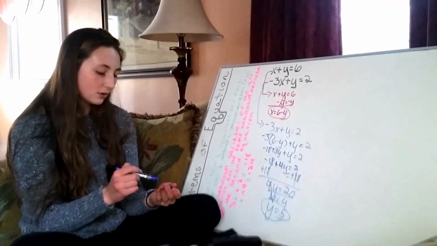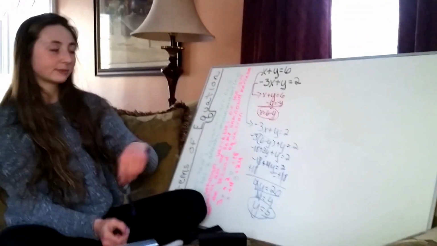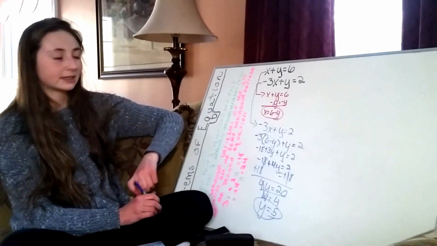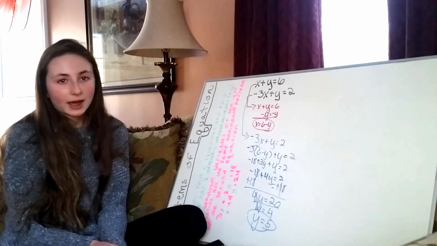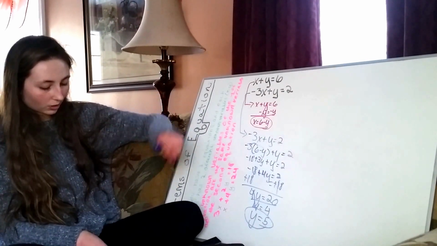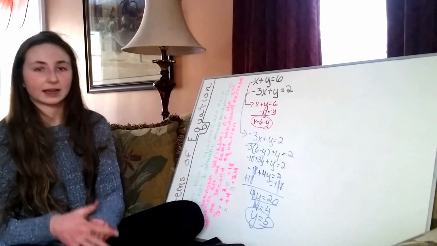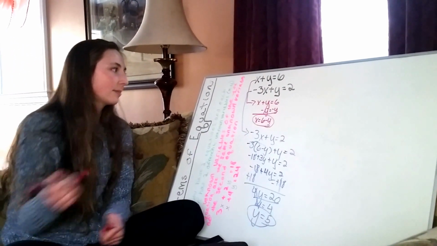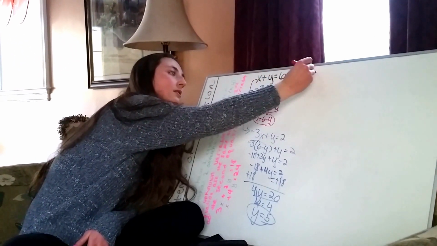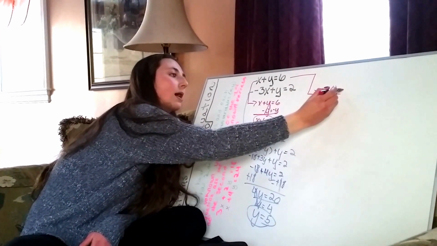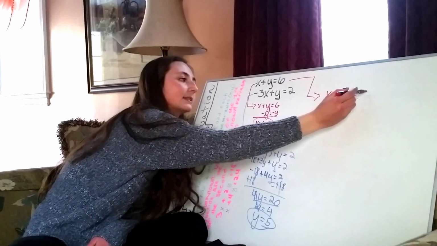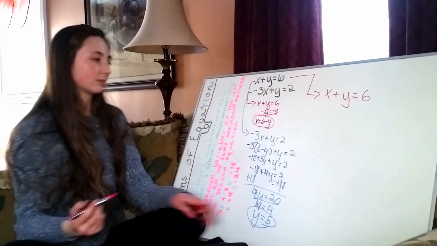So now we have a value for y. So using this y value, we're going to substitute it back in to find x. And when we substitute y back into an equation, it doesn't matter which equation, either one will work to find the x value. So how about we just pick this equation because it's simpler. We have x plus y equals 6. Now we're going to take this y value.